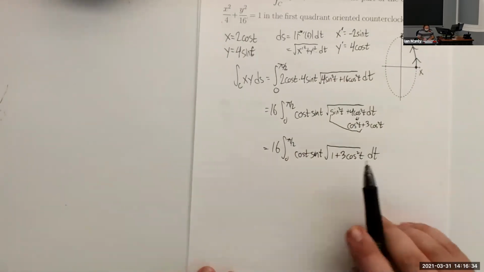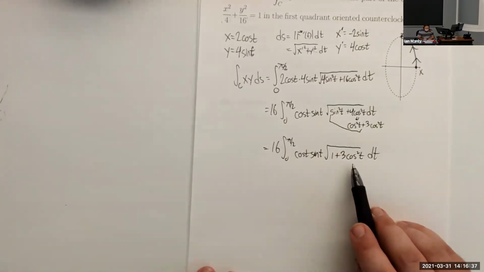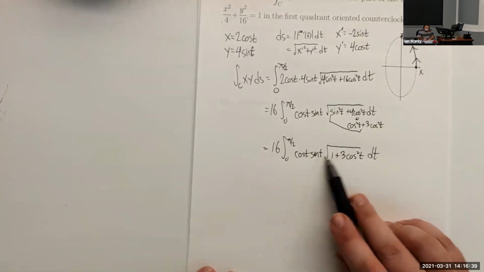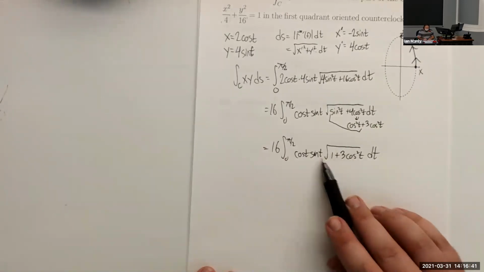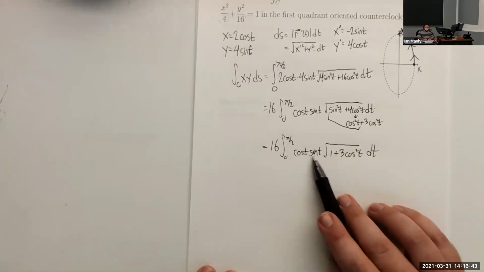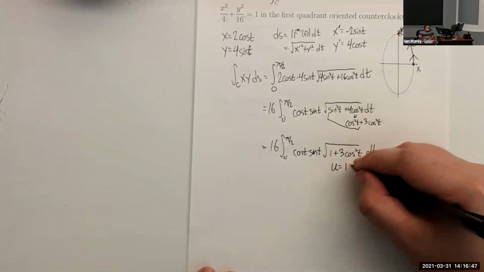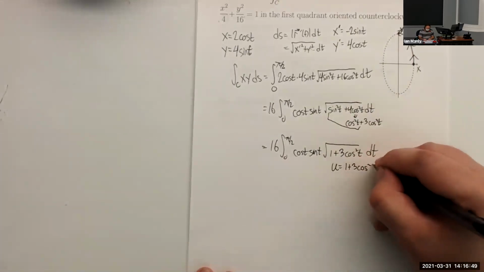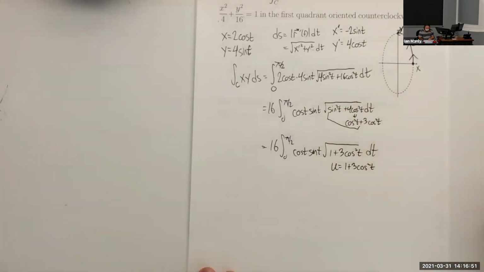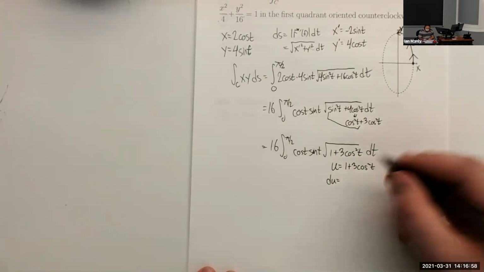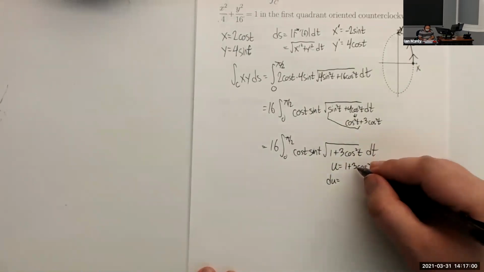All right. So how are we going to do this integral now? Let's see. I see some stuff under a square root, and I see some other stuff out here that kind of looks like the derivative of this. So I'm going to use u sub. All right, so I'm going to have u is 1 plus 3 cosine squared of t. And du, well, let's see. I use the power rule. The derivative of 1 is 0.